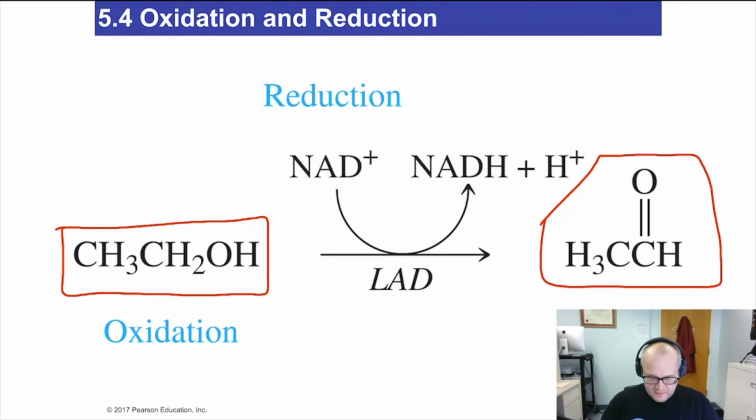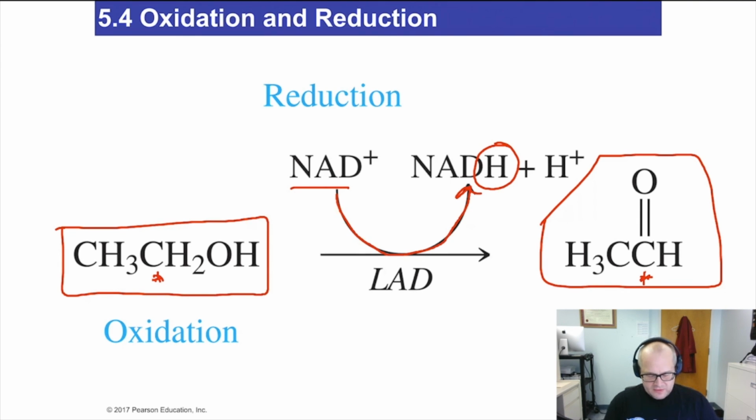Now, this NAD+ is going into the reaction. Now watch what happens. NAD picks up a hydrogen. Gain of hydrogen is reduction, right? Gain of hydrogen is reduction. This carbon right here is becoming this carbon right here, losing hydrogen. That's an oxidation.